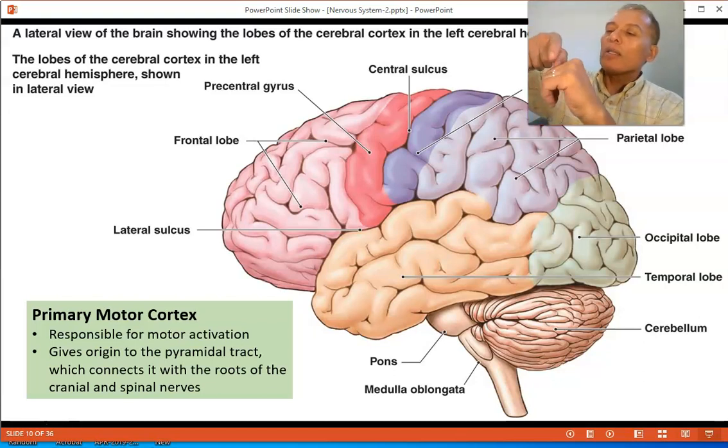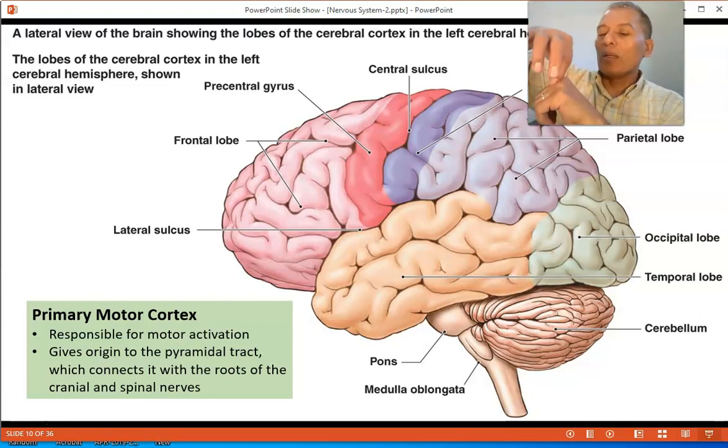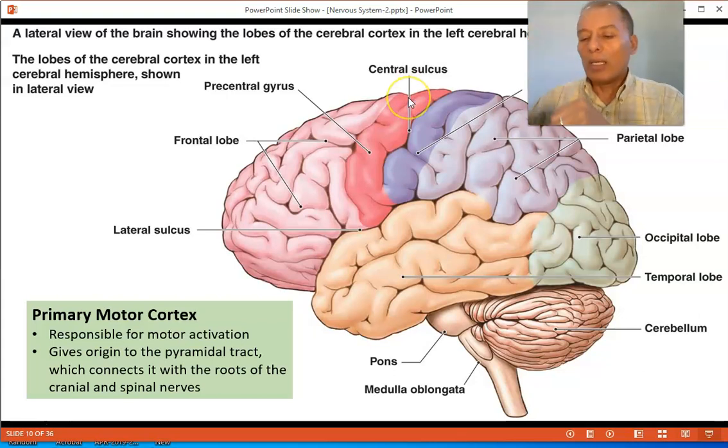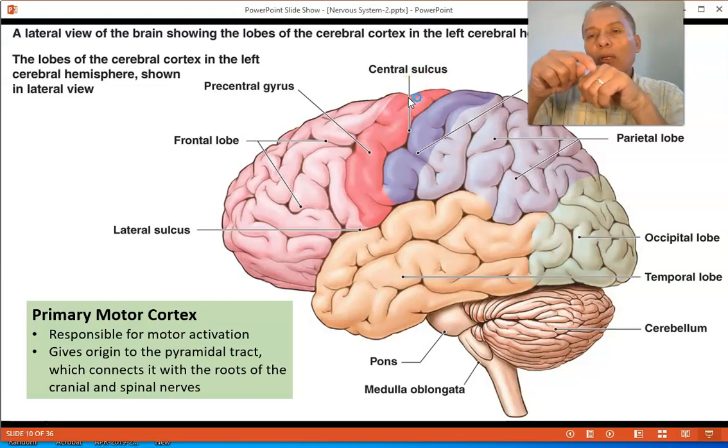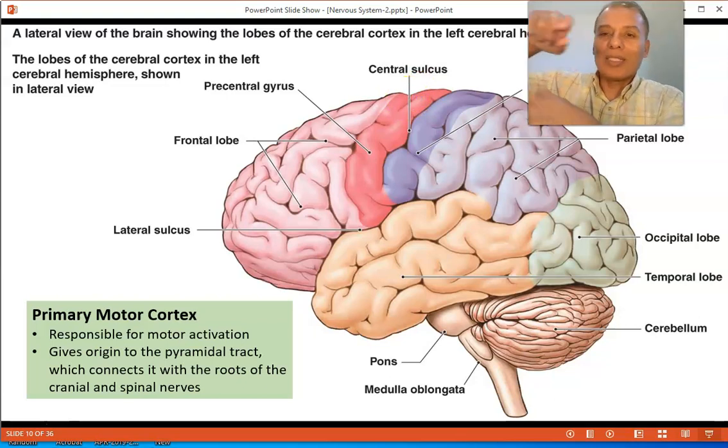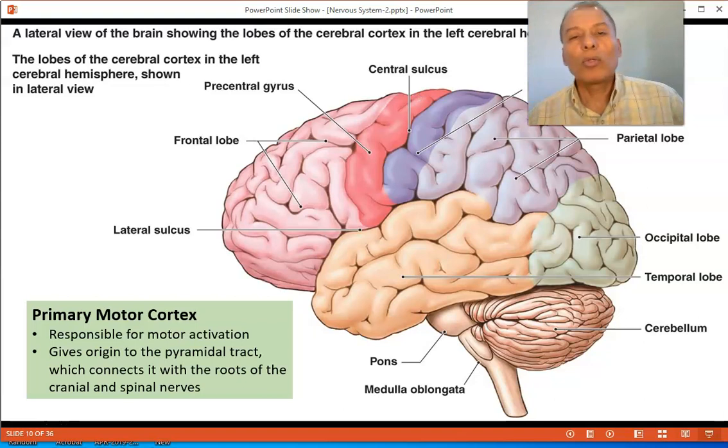Every part in the cortex activates particular parts of his body. So this is a systematic map that goes from the toes all the way down to the head.